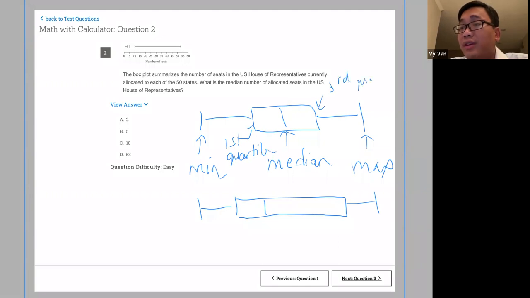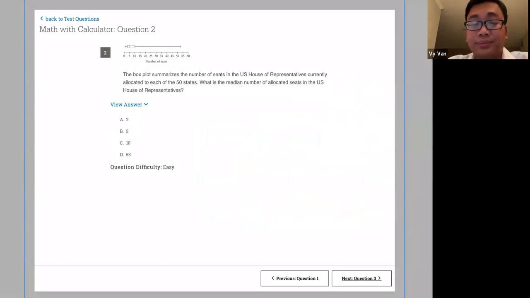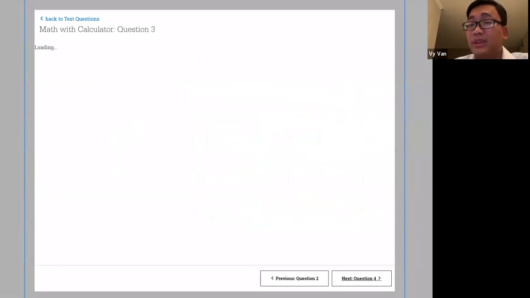I will make a video going in depth on what each means. But for the purpose of this question, they're asking for the median. So all we need to know is, where is the median? Right there. It's 5. So the answer is 5. Questions 1 to 10, normally it takes you about 5 seconds to solve.